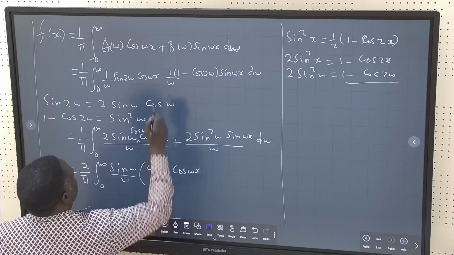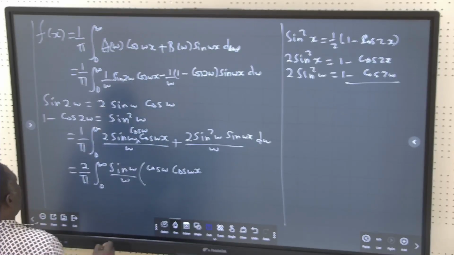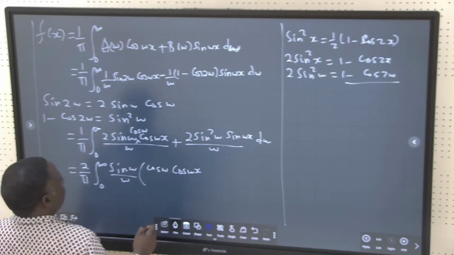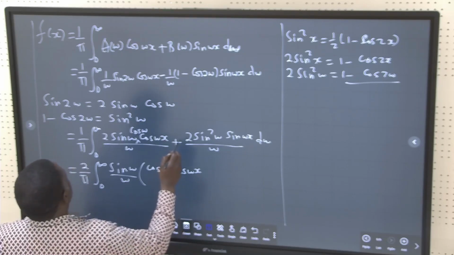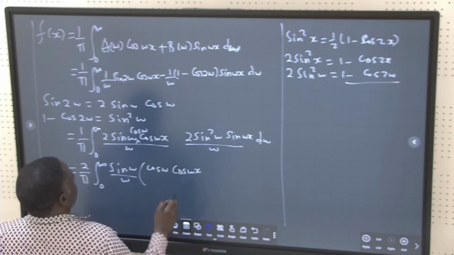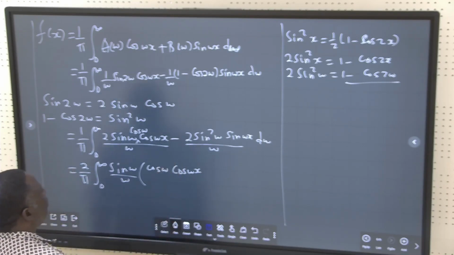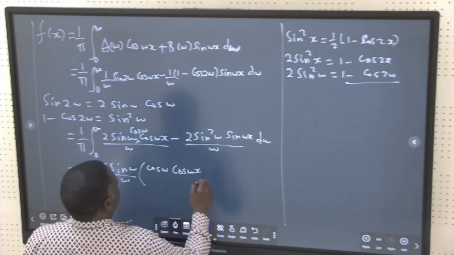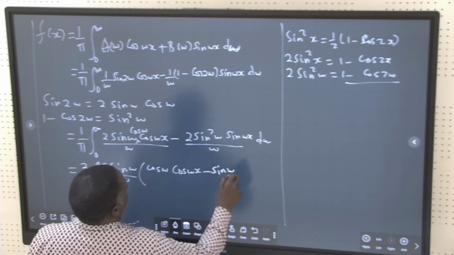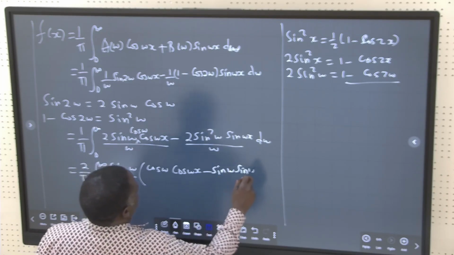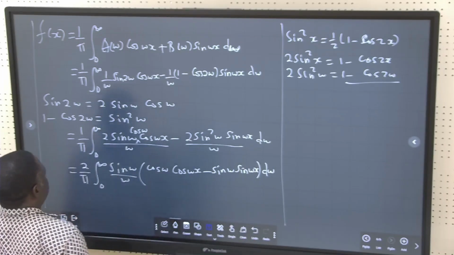This one is negative, so we have minus sine ωx with respect to ω.